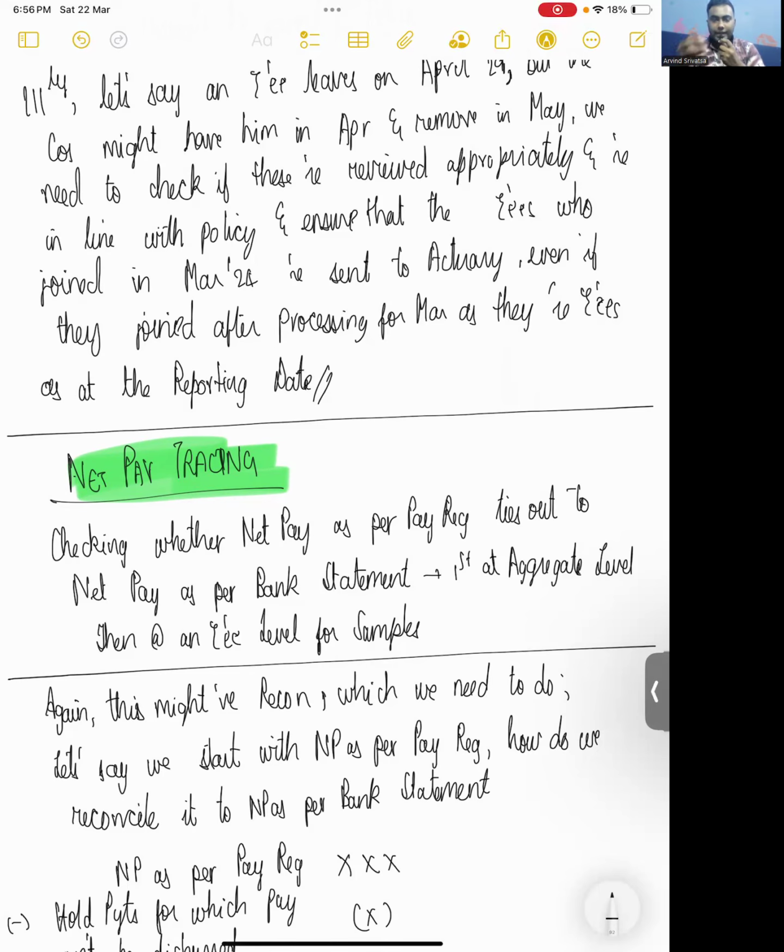So you can get the Excel file which the company has uploaded on the bank portal for the bank to make the payment, and you can see at an individual employee level also, for sample cases, whether the net pay as per pay register is tying out to what has been actually processed to the employee. So this will again give you a comfort that even at the individual level it is fine, and even at the aggregate level it is fine, and you can move on in life.